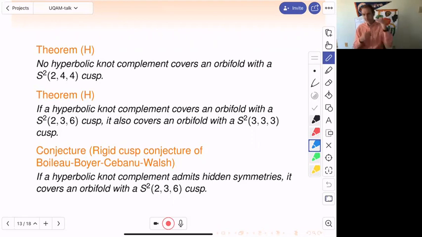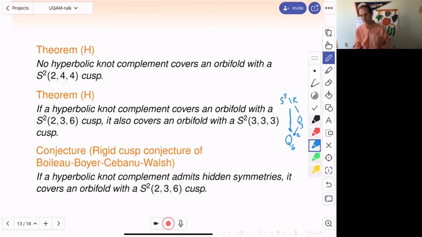If we saw S3 minus K covering some orbifold Q6 with a (2,3,6) cusp, then there has to be an intermediate cover with a (3,3,3) cusp, where Q3 covers Q6, and it's a twofold cover.